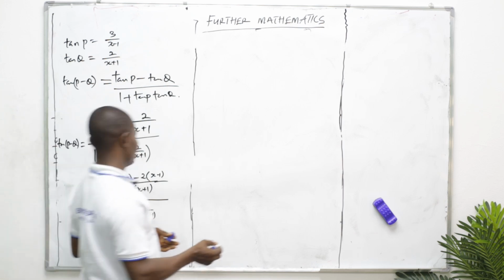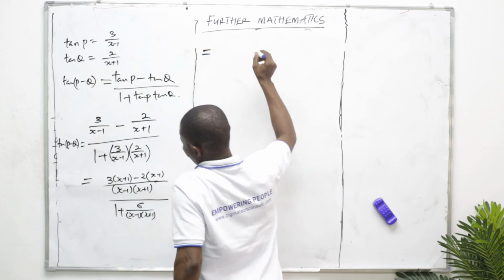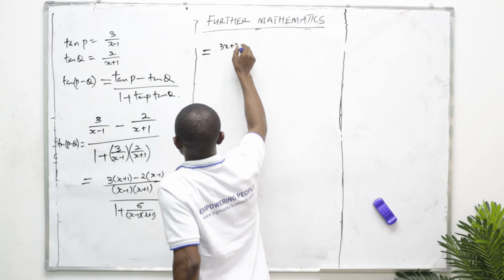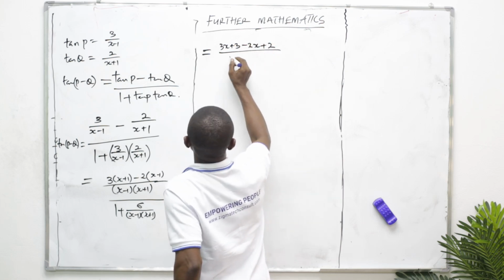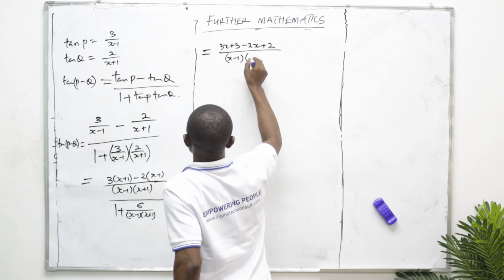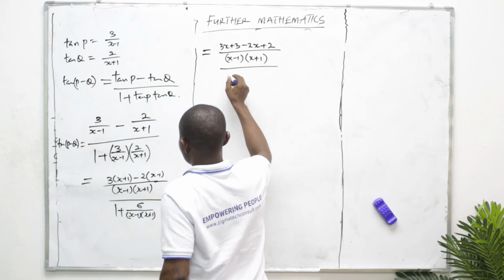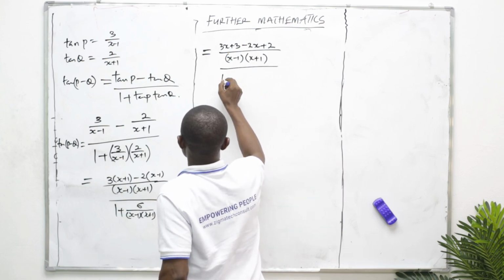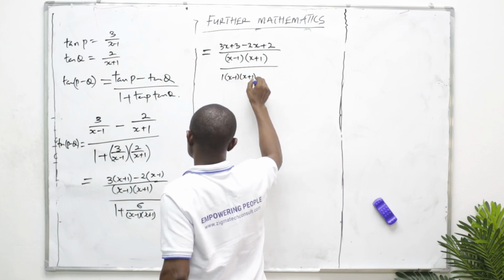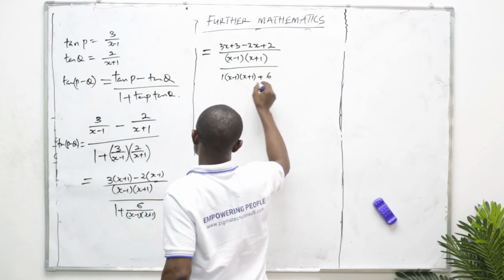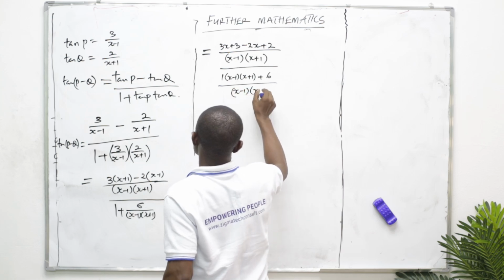Okay? So this equals 3x plus 3 minus 2x plus 2, all over x minus 1 into x plus 1, divided by 1 over 1, meaning 1 into x minus 1, x plus 1, plus 6, all over x minus 1, x plus 1.